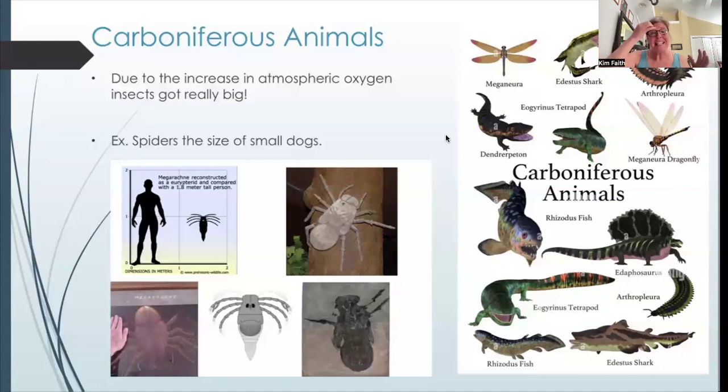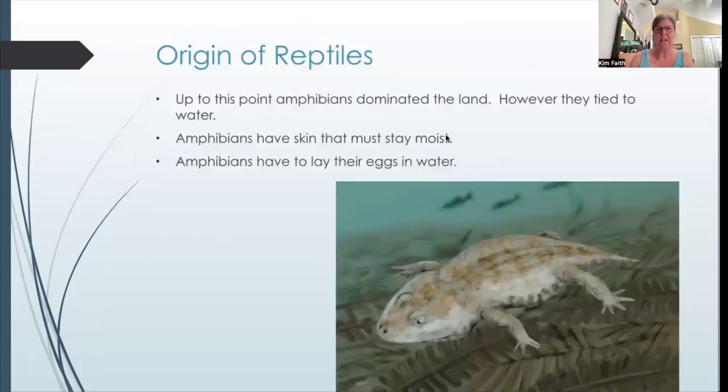So we're talking about our insects. You could have a spider that was the size of a small dog. We have millipedes that are like 10 feet long. I mean, they're huge. Dragonflies with a wingspan of like, I don't know, absolutely huge, like 6 feet. So again, they're going to show you some of those in the video. It's crazy how big these things got.